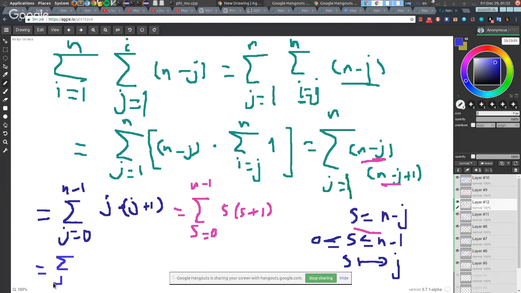So this is the summation for j squared, so it's the sum of squares plus the sum of the numbers until n minus 1. These two summations have standard forms to solve. I'll just put them right now, and maybe later I could explain where they come from.